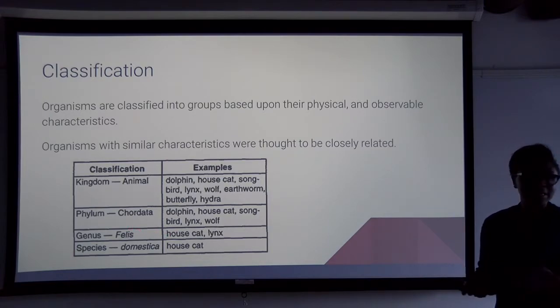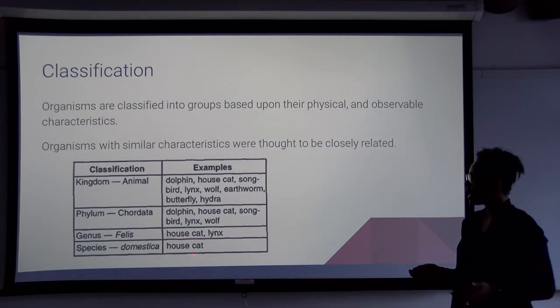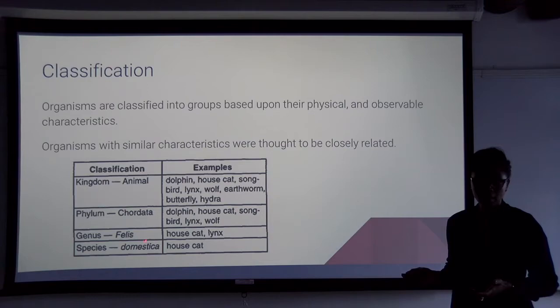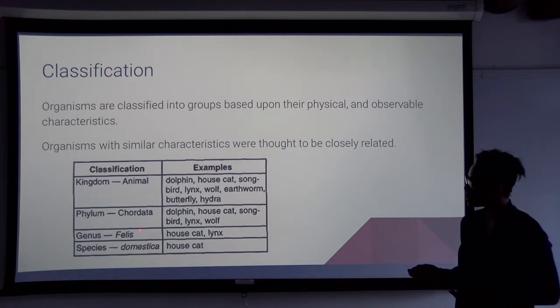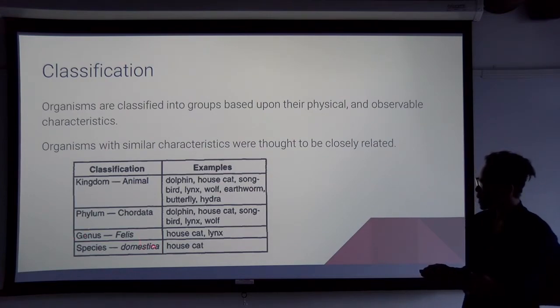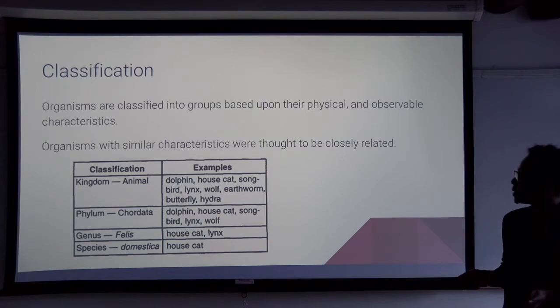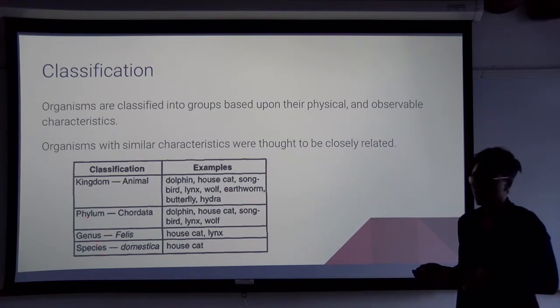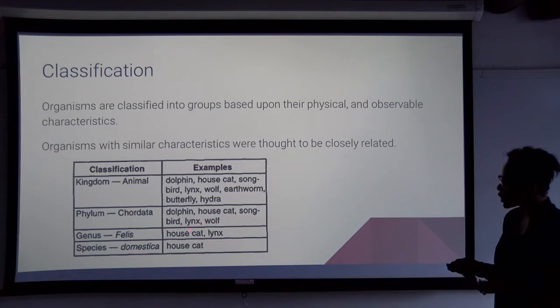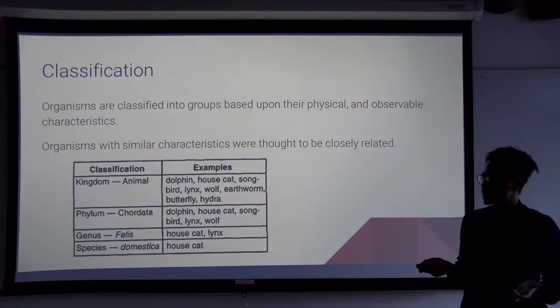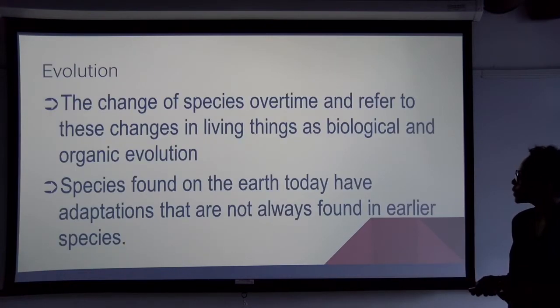So you could be asked, what is the scientific name of a house cat? And the way you would determine that is by the genus and the species. So the scientific name is Felis domestica. From this, you could be asked, which is a larger group, the genus or the species? And you would see that the genus has more organisms with those characteristics than the species.